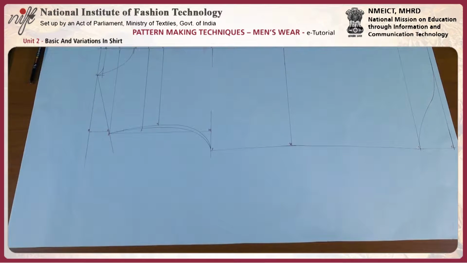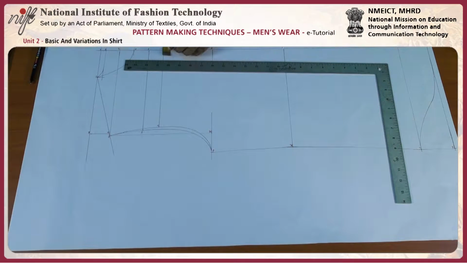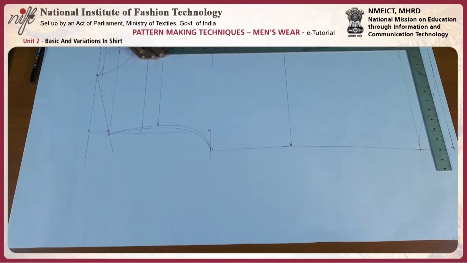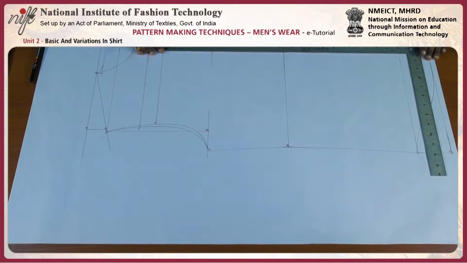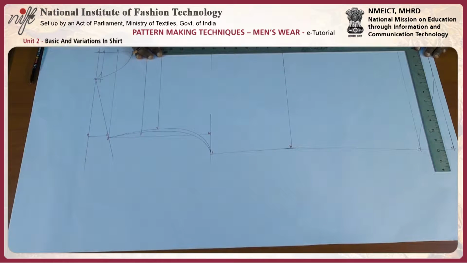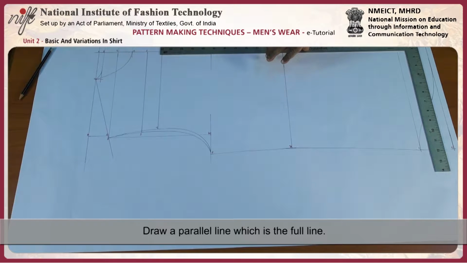Normally we keep 3.5 to 4 centimeter, sometimes in casual wear 4.5, 5 centimeters too, which should be measured from reference line, then drawn a parallel line which is called fold line.